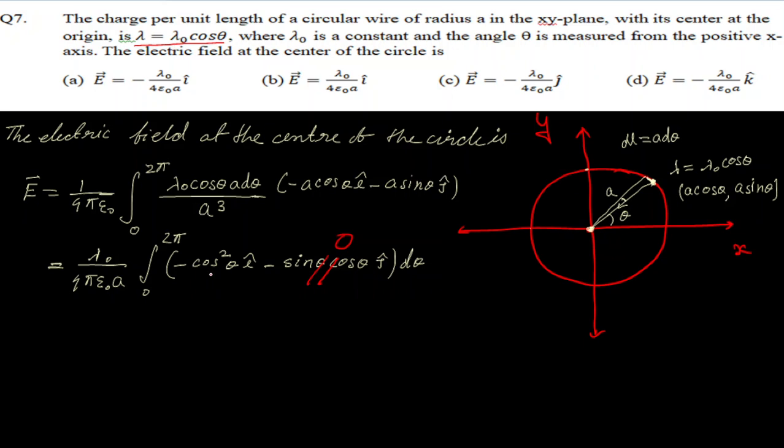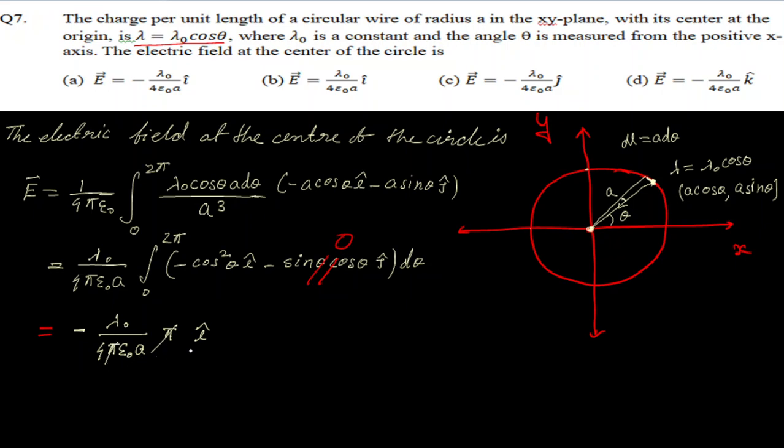And when you integrate cos square theta over the limit 0 to 2 pi, what will we get? We'll get pi only. So from the integration part, we get only pi. If we put the value of this integration, then what will be the correct answer? We'll get minus lambda naught divided by 4 pi epsilon naught a. This minus sign I put here, and the integration of cos square theta over the limit 0 to 2 pi will give us pi, and then i cap.